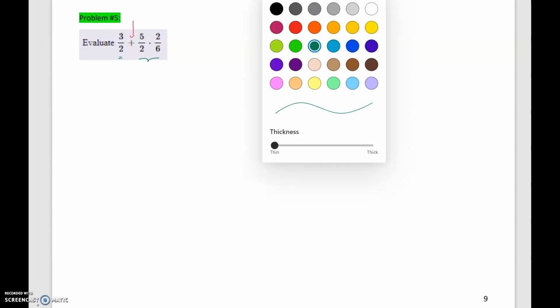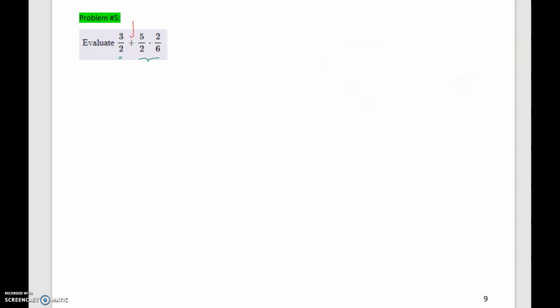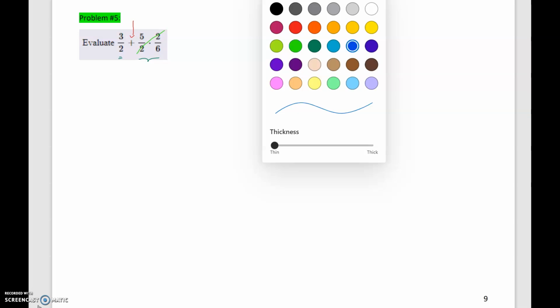So as you multiplied these two fractions, the 2's cancel. So you're going to end up with the values of 3/2 plus technically 5/6.